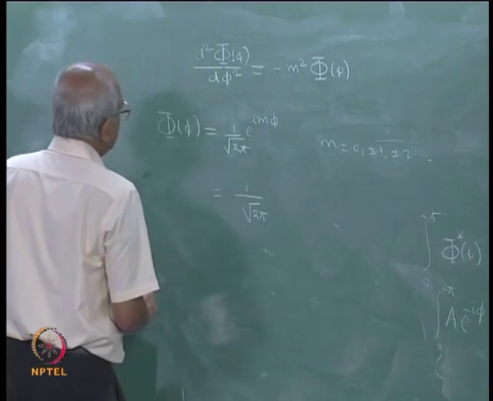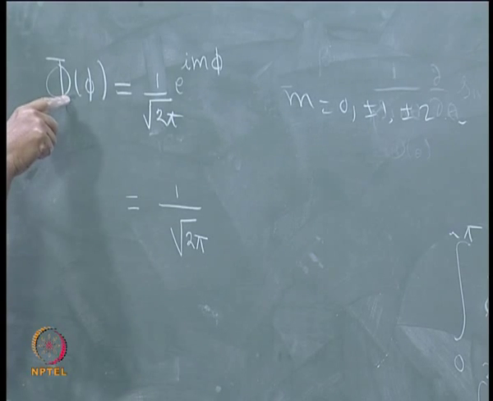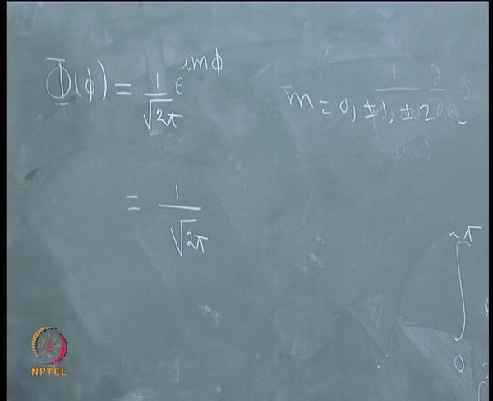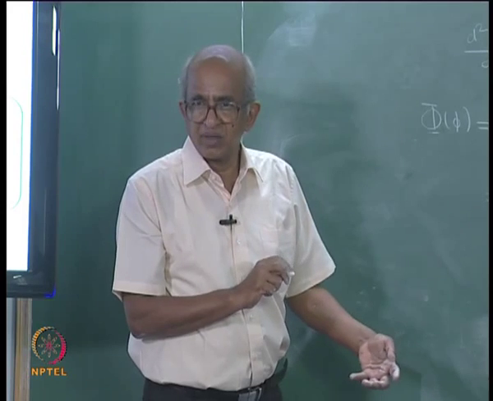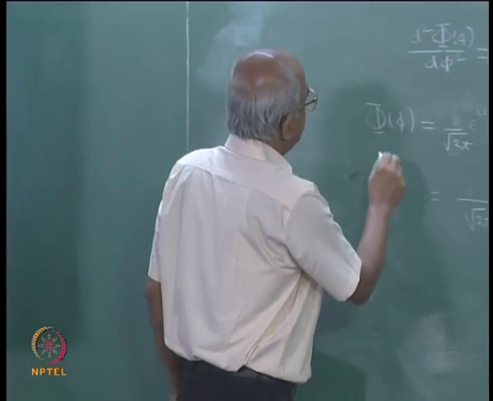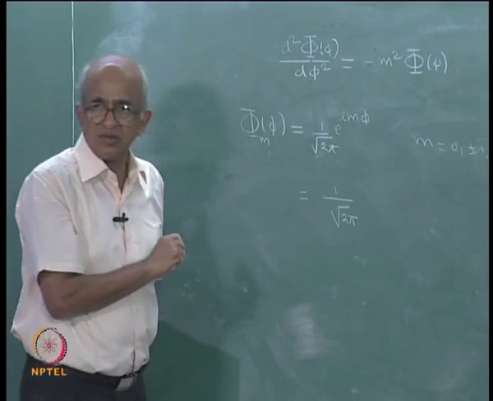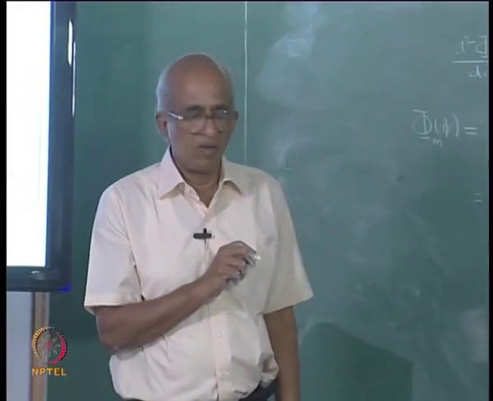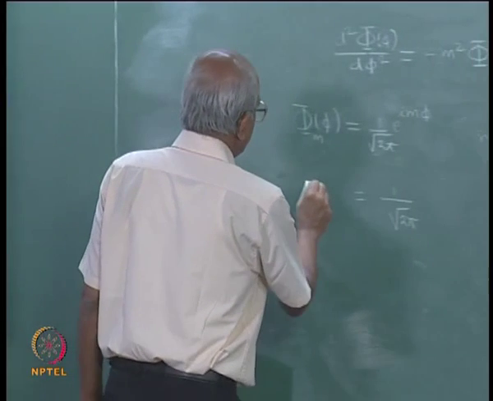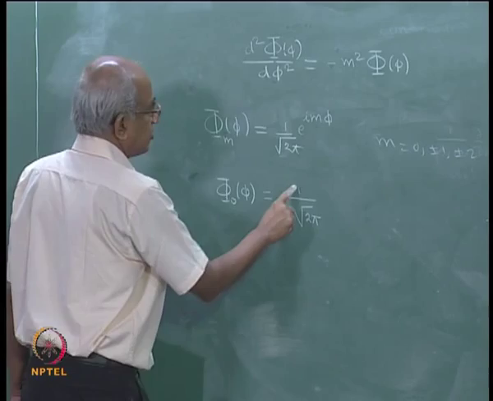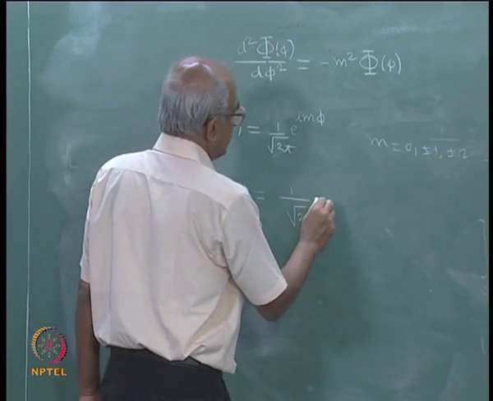Okay. Well, you see that this solution, this function actually depends upon a number m, which we will refer to as a quantum number. Specifically, it is referred to as the magnetic quantum number, and to denote its dependence, we will put a subscript, phi m. So, if I am looking at phi 0 of small phi, it is going to be 1 by square root of 2 pi.